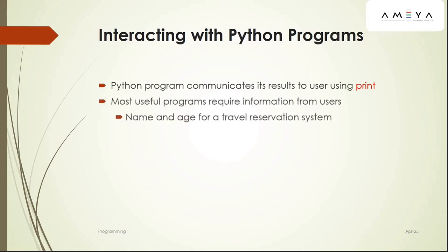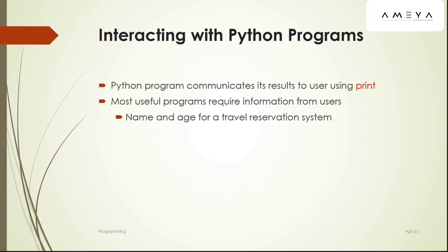Most useful programs require information from users, such as name and age for a travel reservation system. Suppose I am going to do a project called travel reservation system. First of all, I am going to collect some basic information regarding travel reservation, for example, date of journey, passenger name, then for which place I am going to travel, the boarding point, and how many members are going to travel.